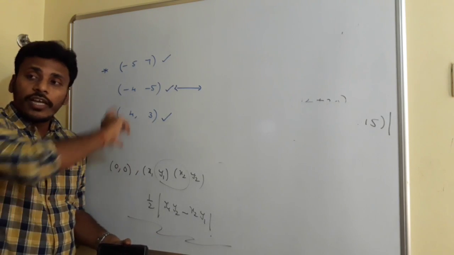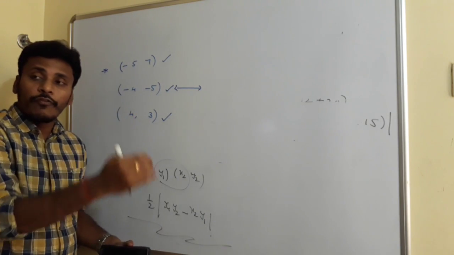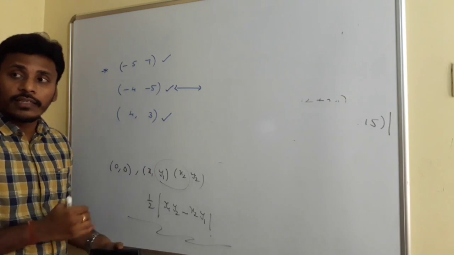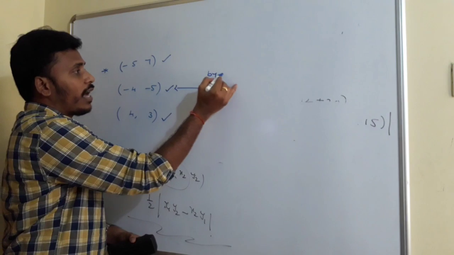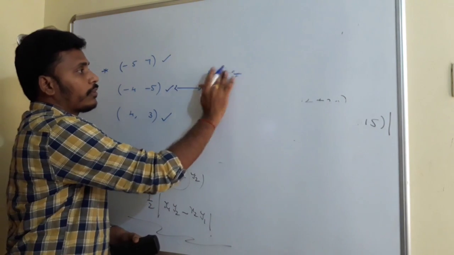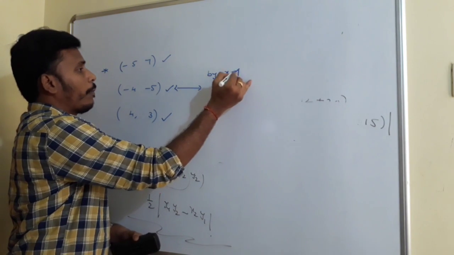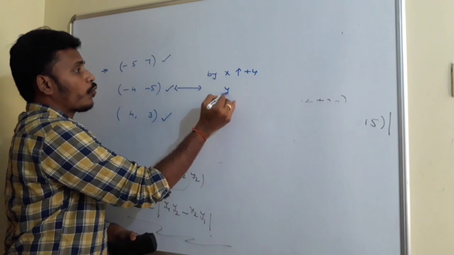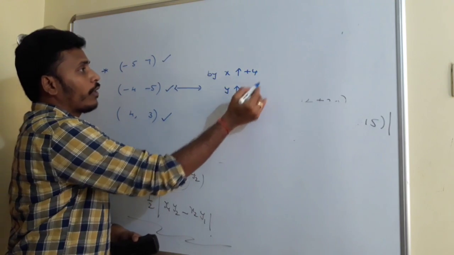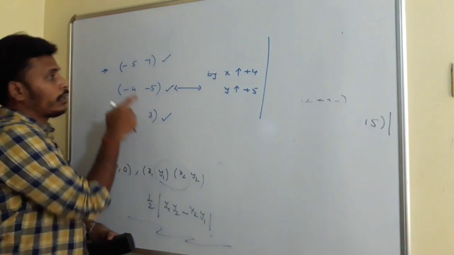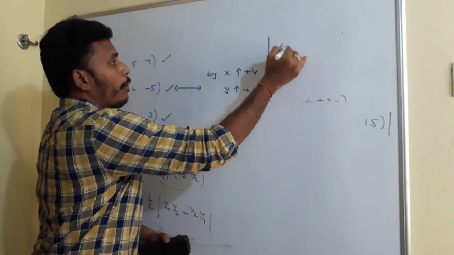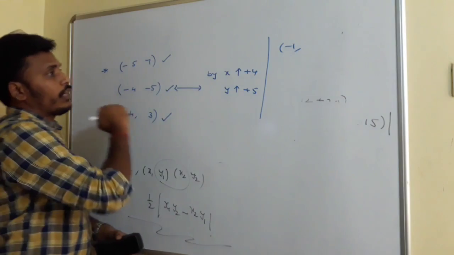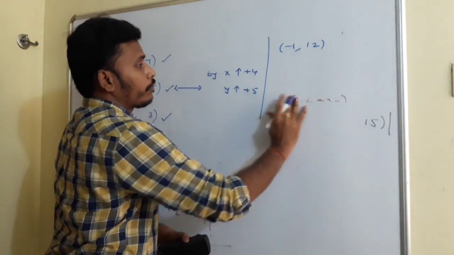So you need to change the total system by raising 4 for the x coordinate and 5 for the y coordinate. Just change x by plus 4 whereas y by plus 5. Minus 5 plus 4 is minus 1. 7 plus 5 is 12.